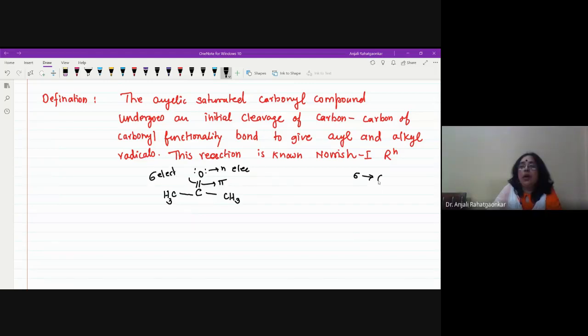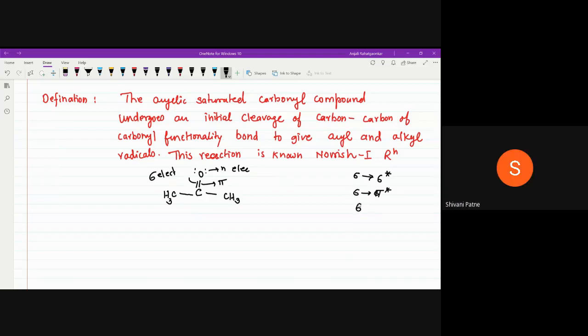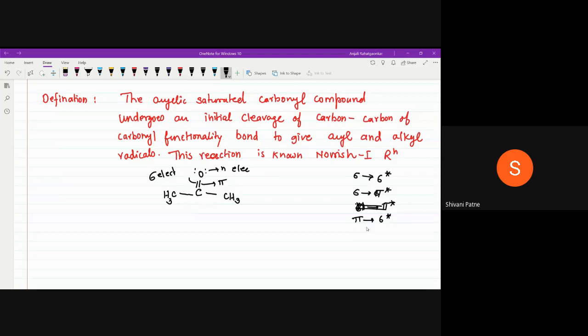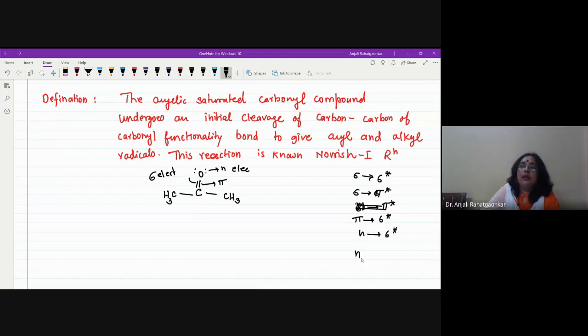So: sigma to sigma star, sigma to pi star, n to pi star (we will take that last), pi to sigma star, n to sigma star, and pi to pi star.